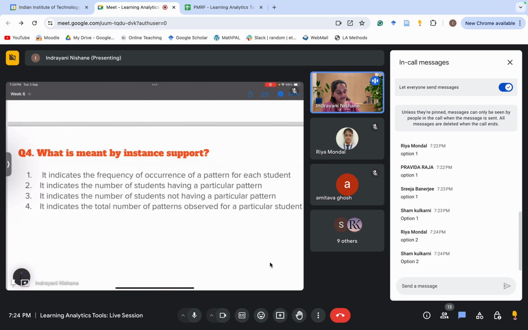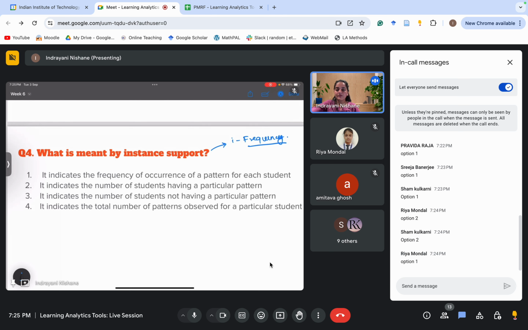Now instance support is also known as I frequency. I frequency has the word frequency. That means I frequency will tell us how frequently that particular pattern is occurring for each student, right?